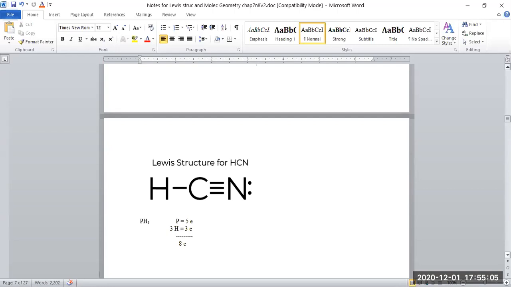But if I count up my lines, 1 on the left and 3 on the right, that's only 8 electrons. I have 2 more electrons I have to stick somewhere. Can't stick them with the hydrogen, that's not allowed. But I hadn't quite finished the whole concept of the octet for my nitrogen.